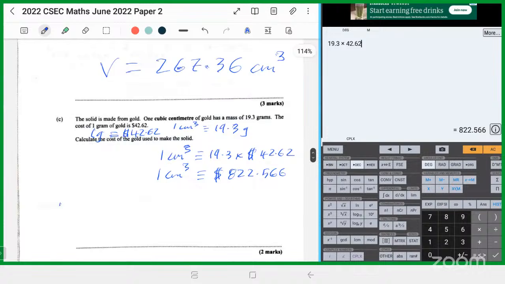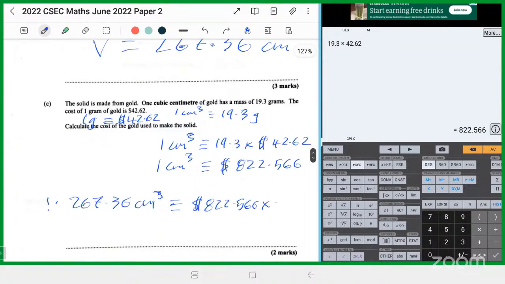So we can say, therefore, 267.36 cm cube, which is the amount of gold in that bar, is equivalent to 822.566, keeping 3 decimal places, times this amount of gold, 267.36 cm cube. Just showing some calculation.